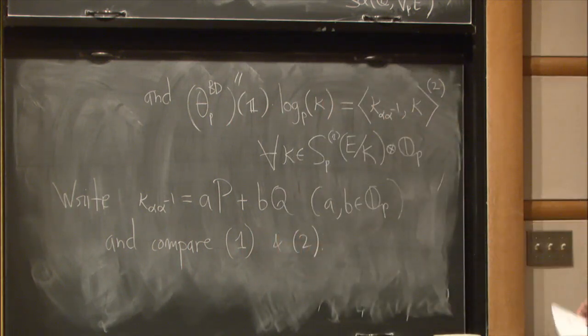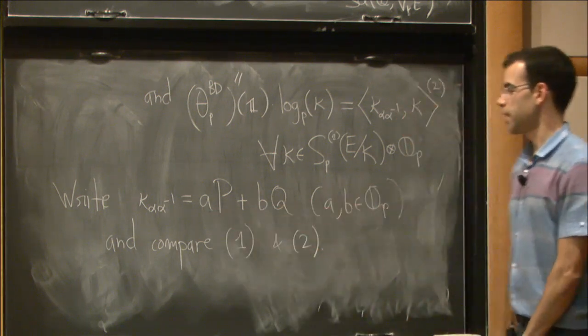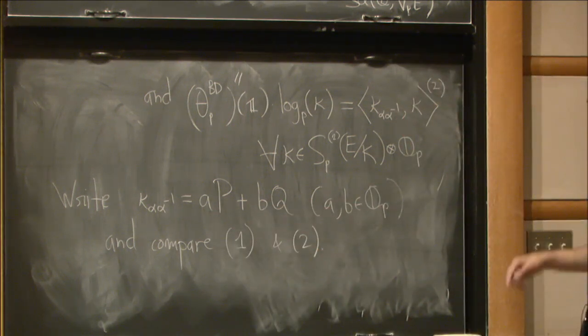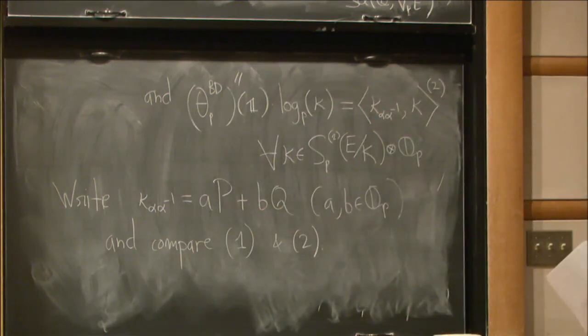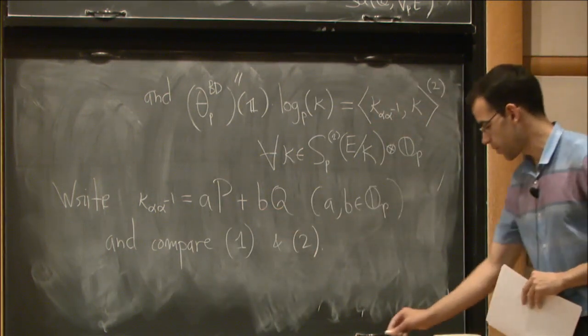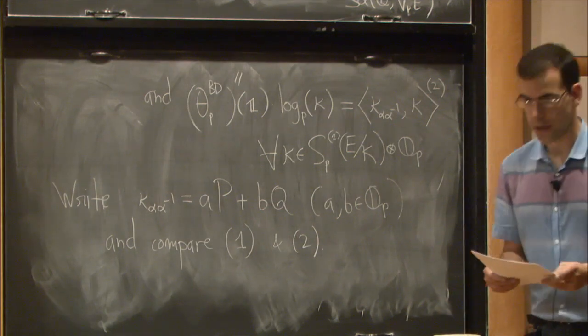And once you play these formulas against each other, you directly see that A will be a Qp star multiple of p-adic log of Q, and B a Qp star multiple of p-adic log of P. So I'll just stop here. Sorry for running a bit over time.